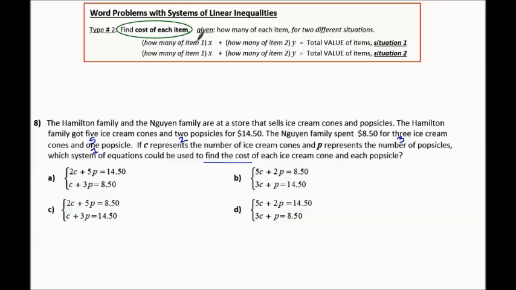So what we have to do is set up the first equation, and we notice that there should be 2 situations. Those 2 situations in this problem are what the Hamilton family purchased and what the Nguyen family purchased. So for each situation, we will write our equation. How many of item 1?